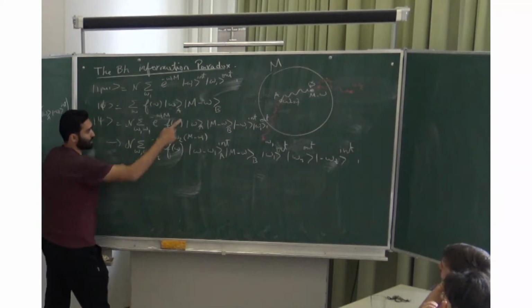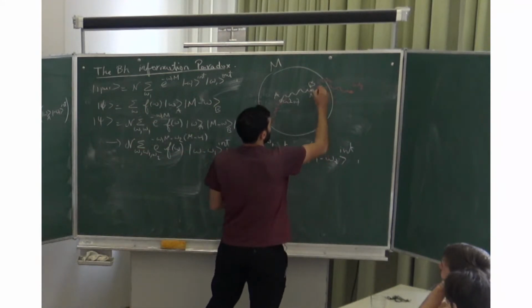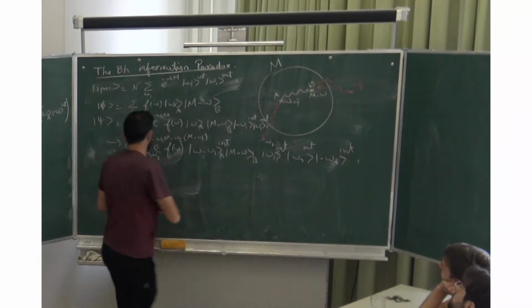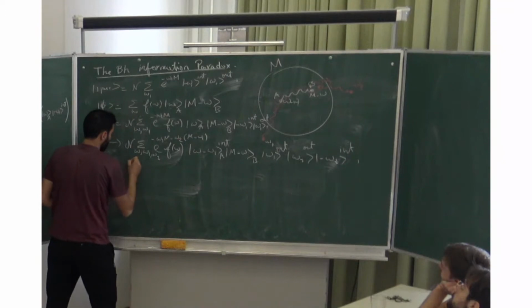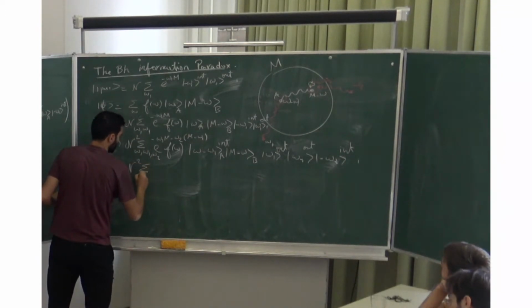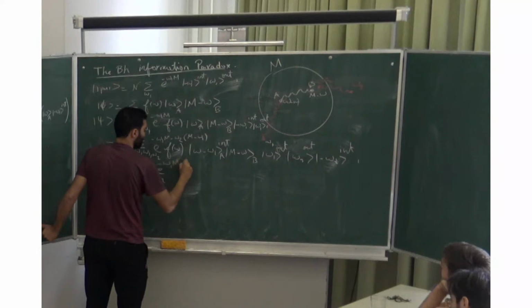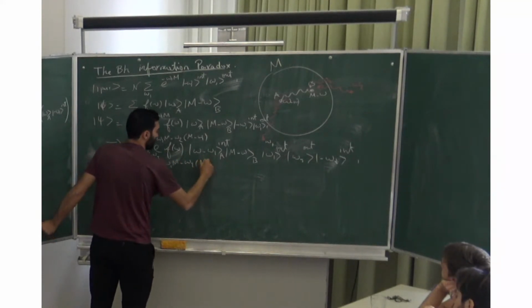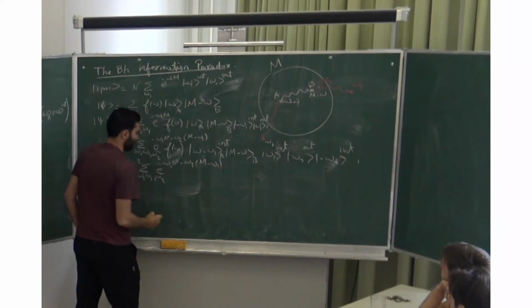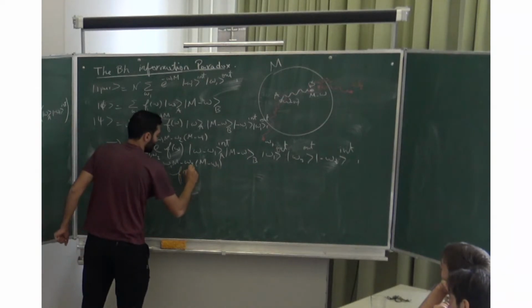Then after the interaction happens, if these two interact, they make a system omega 1, omega 2, and then exponential minus omega 1 M, minus omega 2 (M minus omega 1), and then f of omega.